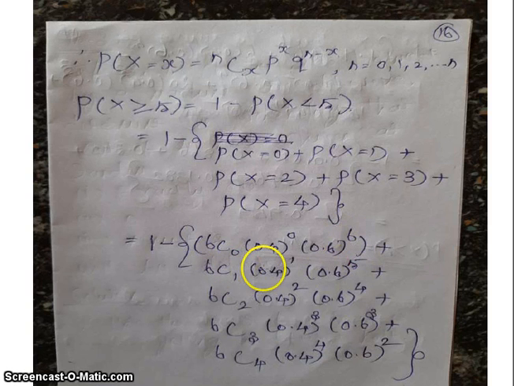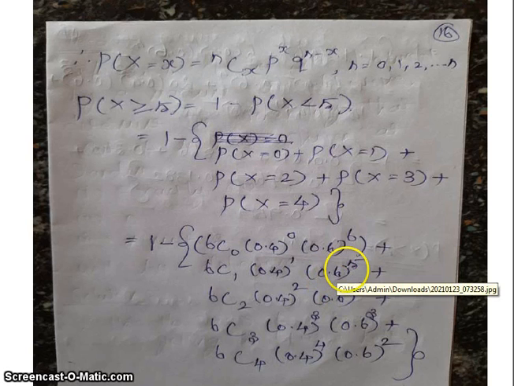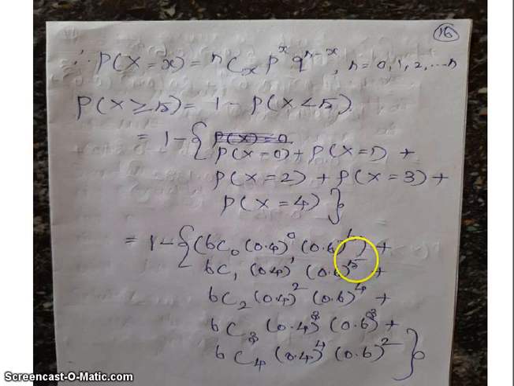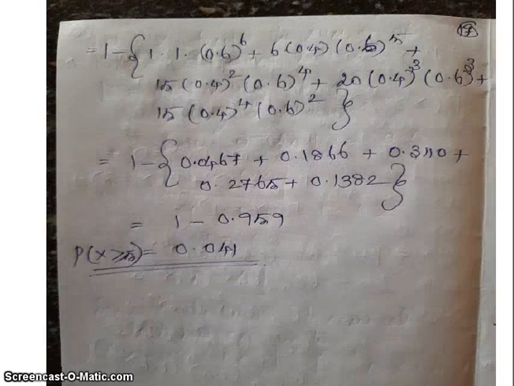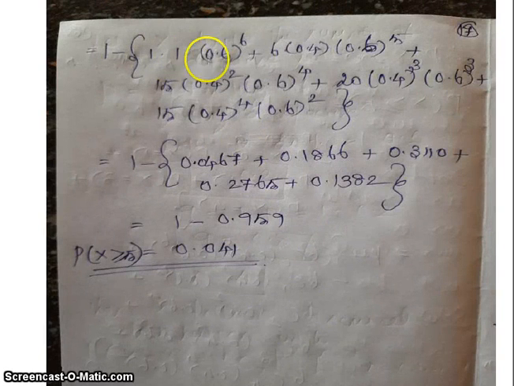Similarly 6C1 into 0.4 to the power 1 into 0.6 to the power n minus x, 6 minus 1 is 5. Like that 6C2, 6C3, 6C4. Now you have to simplify all this, and if you simplify this, you will get the final value.